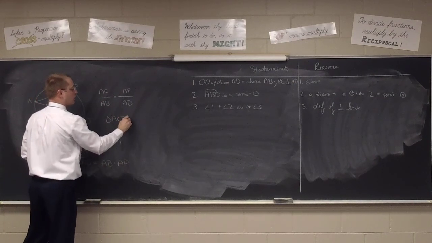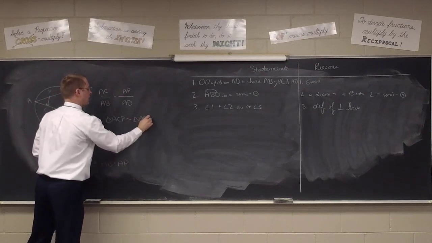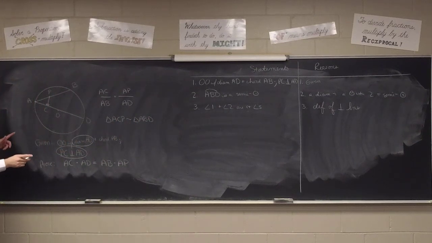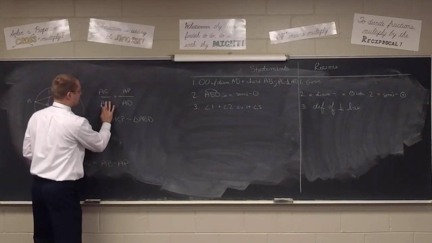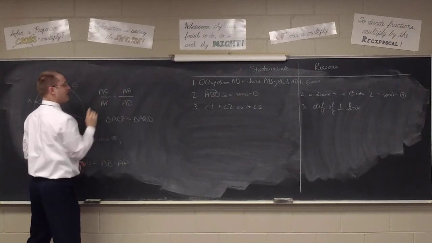ACP and ABD. All right, so let's see. ACP. Do I see a triangle ACP, class? I do. Do I see a triangle ABD? No, you have to make it, but it would be fairly easy to make, wouldn't it? So I think this is a great way to set it up. Now, let's suppose Jamie had said this.